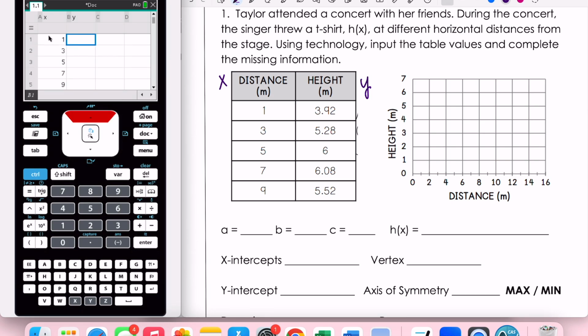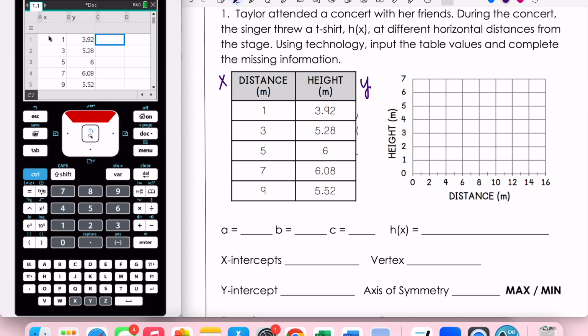You should have a total of 5 points. So once you have your table of values, again, you should have 5 points here.